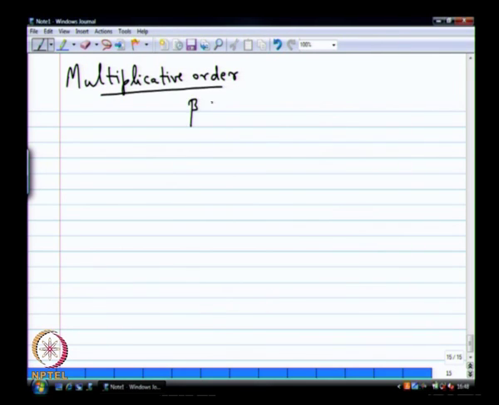So if you have beta belonging to Fq, and you look at this sequence beta, beta squared, beta power 3, and so on, can this go on forever? No, because I have a finite number of elements in my field and every power of beta will definitely belong to the field, so it has to repeat somewhere.